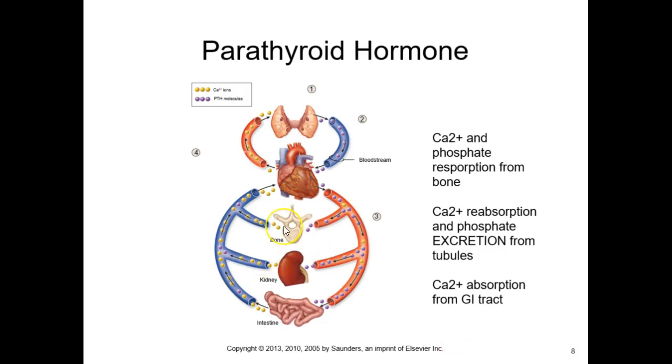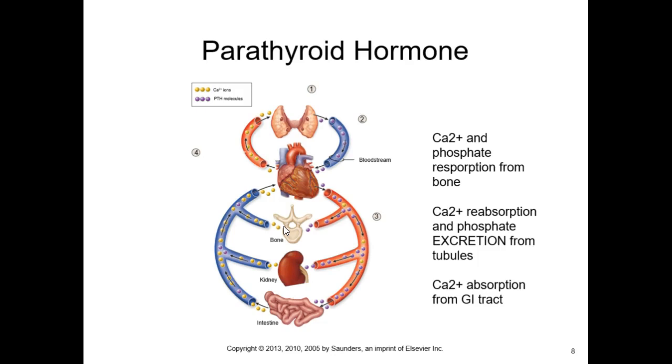So the first one is the one we covered, that parathyroid hormone leads to reabsorption of calcium from the bones. It stimulates osteoclasts. Osteoclasts secrete acid onto the inorganic components of bone and release calcium into the bloodstream, elevating blood calcium. But there's two other mechanisms to elevate blood calcium.